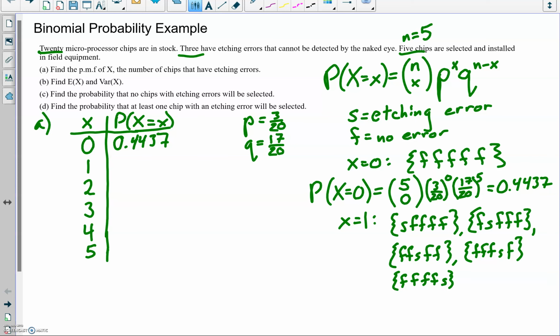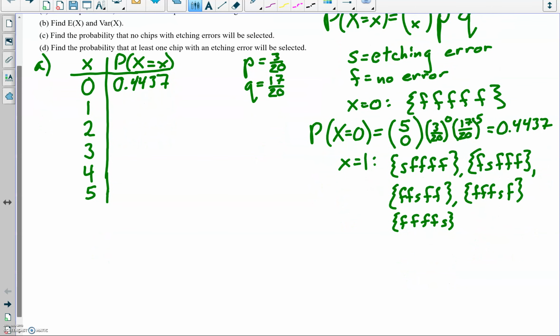So looking at this expanded, you see that there's 5 possibilities when you are picking 5 chips and looking for there to be one bad one in that mix. And this is what the 5 choose 1 will do for us in this probability x equals 1 formula.